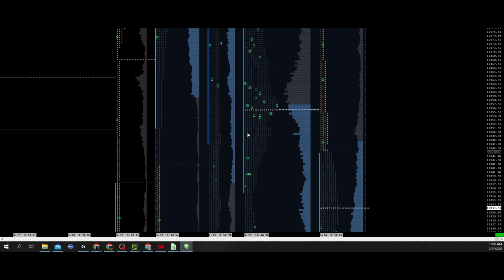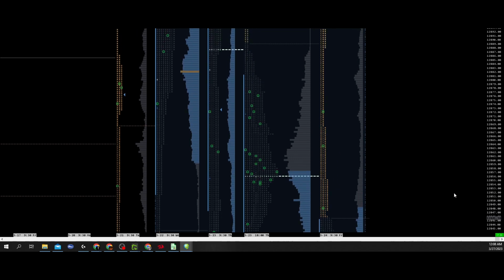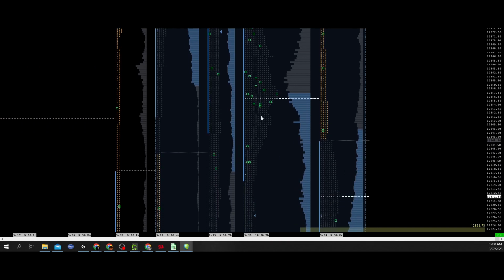Each 30-minute segment of the day is divided into letters, so you have A period, B period, C period. A period and B period would be the first 30 minutes, the next 30 minutes, and so on throughout the day.